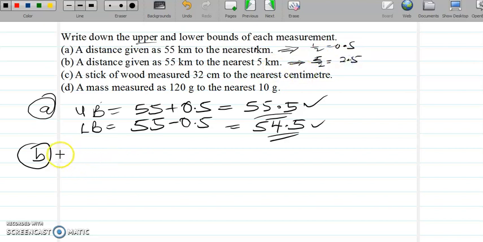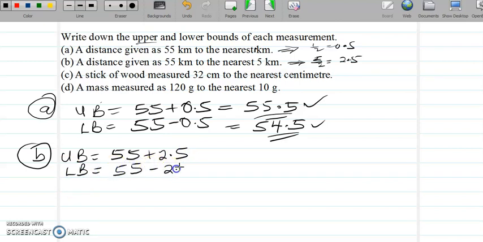Now with 2.5, for me to find the upper boundary, I will have it to be 55 plus 2.5, and to find the lower boundary, that gives us 55 minus 2.5. So the upper boundary, 55 plus 2.5 gives us what?